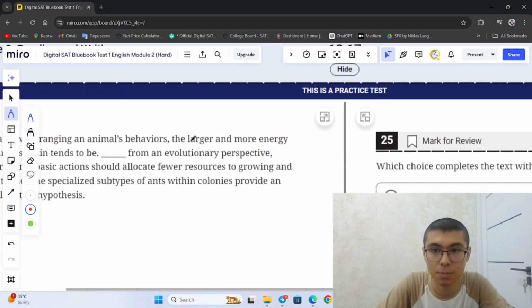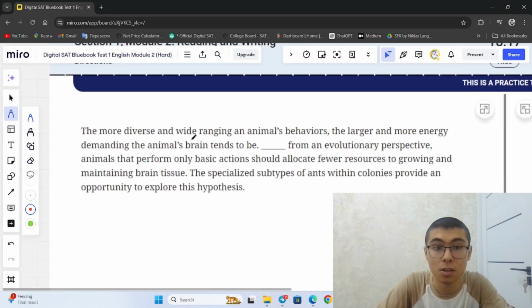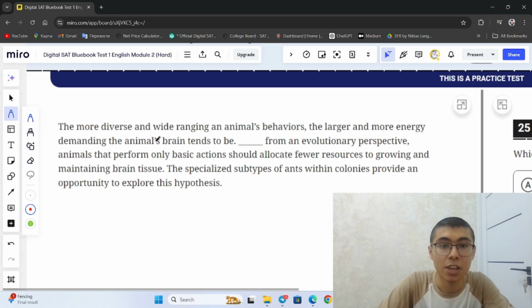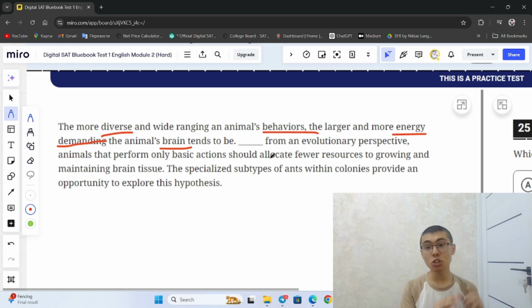Let's move on to question number 25. This is also a transition question. The more diverse and wide-ranging an animal's behavior, the larger and more energy demanding the animal's brain tends to be. From an evolutionary perspective, animals that perform only basic actions, okay, if they perform only basic actions, they should allocate fewer resources to growing and maintaining brain tissue.